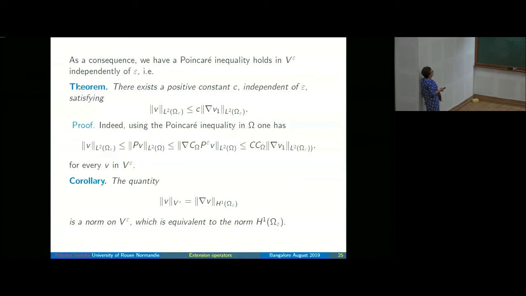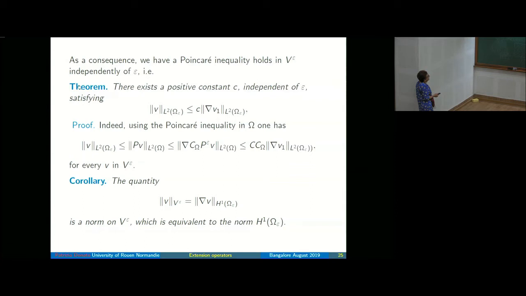And how one does it: you say that the norm of v in L2 is smaller than the norm of the extension. Then here you use the Poincaré inequality in omega. Sorry, C omega is badly placed, it should be outside.